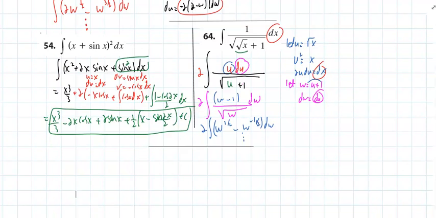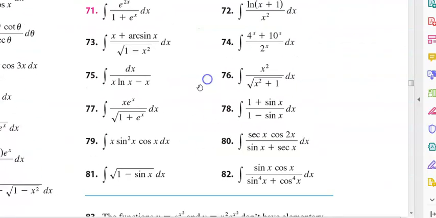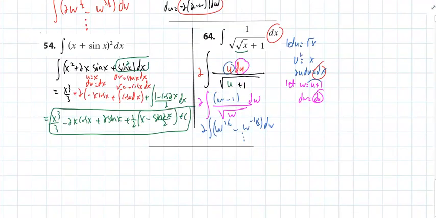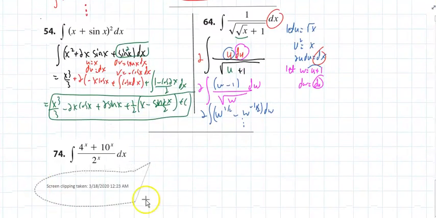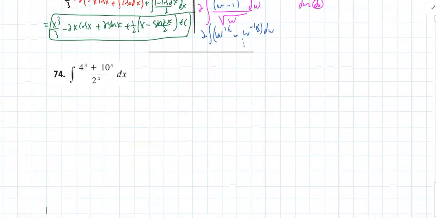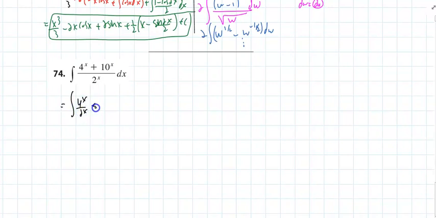Two more I want to look at. And if I look at problem number 74, a bit of algebraic manipulation. If I really play with this, I'm really looking at the integral of 4 to the x over 2 to the x plus 10 to the x over 2 to the x dx.